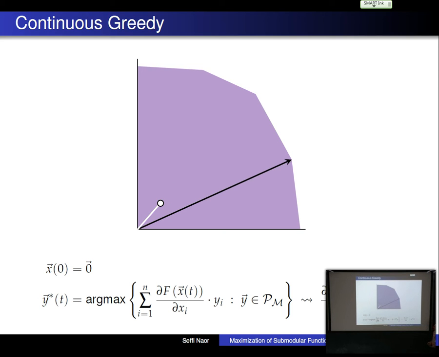Now we repeat that, and we move in this direction, and we repeat over and over. At some point, we need to stop. I'll talk about that in a second, but this is the algorithm. Let's say we decided to stop at that point.